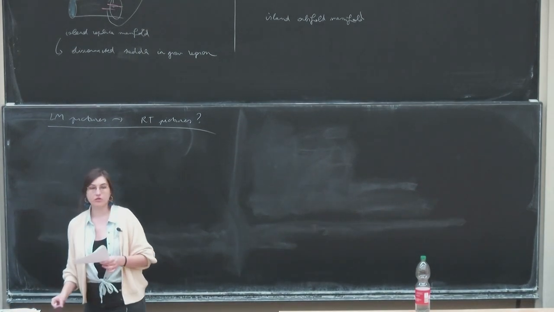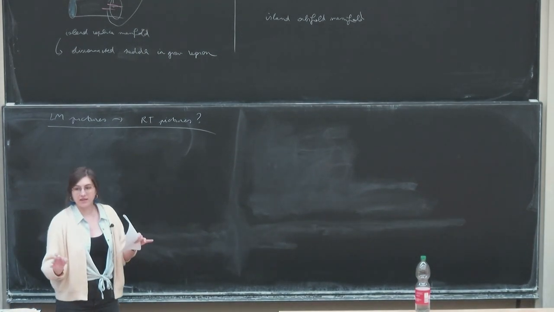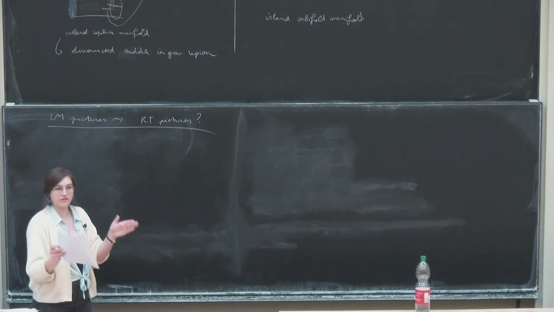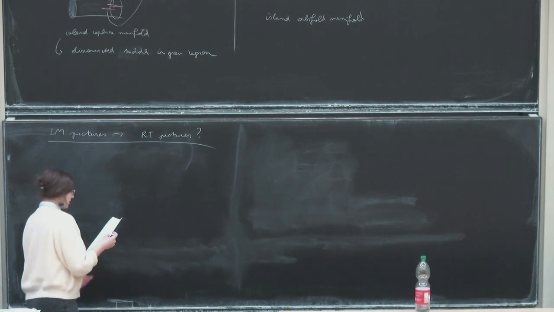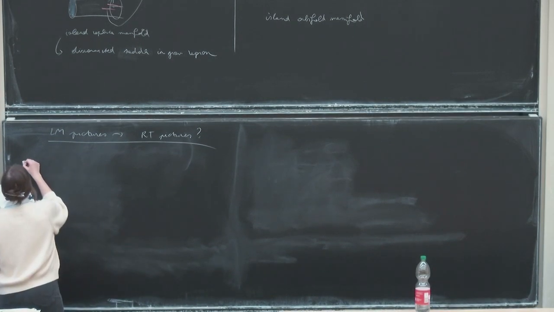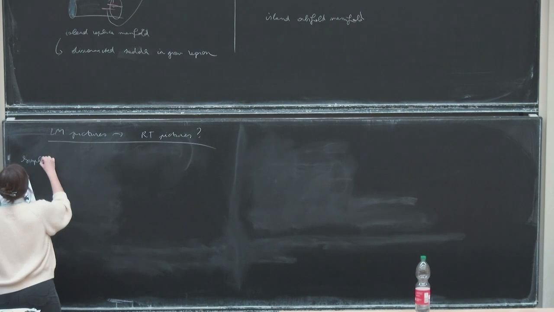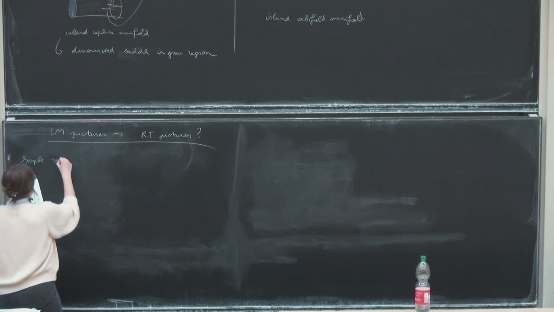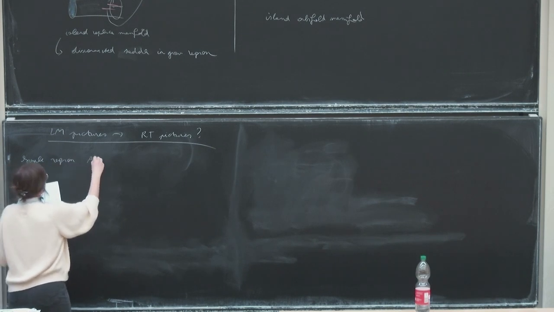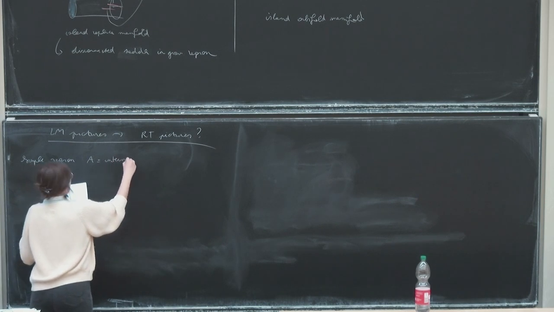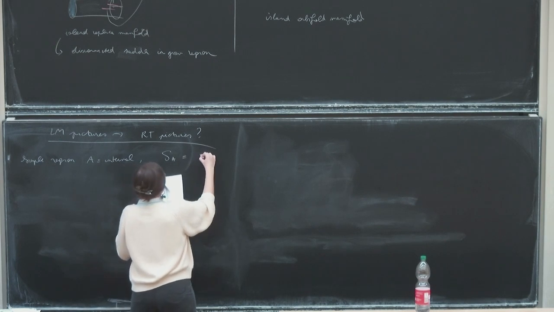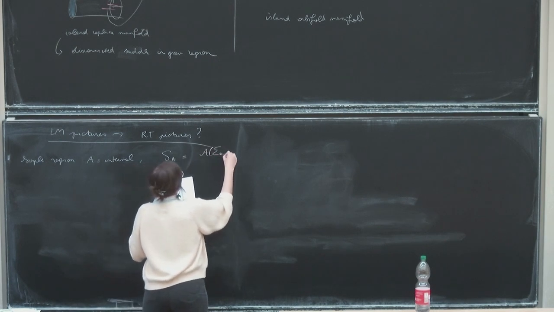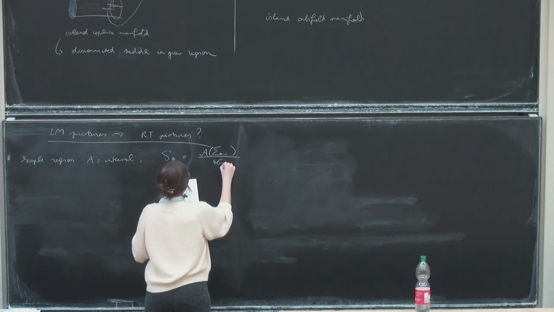Okay, and for that I want to go back to the simplest region case, which is the one with just a simple interval. And that's the one that we can map to a thermal system. So, specifying again to a simple region where A is an interval, we have that S_A is given by the area of the minimal surface over 4G.